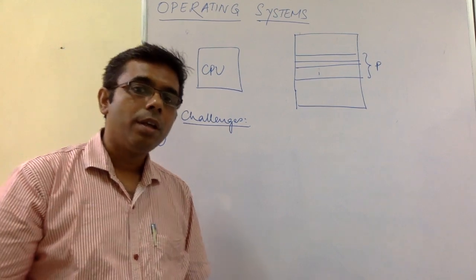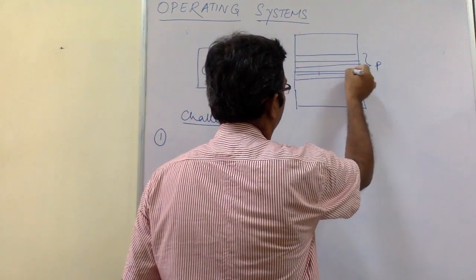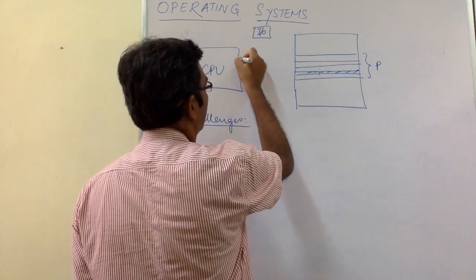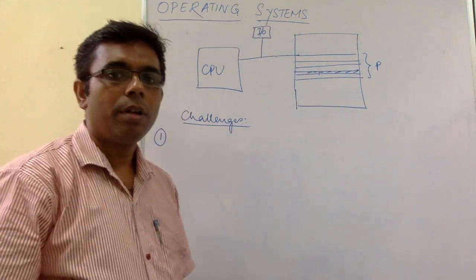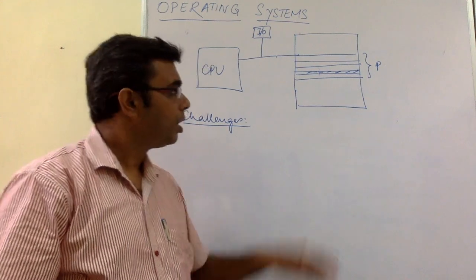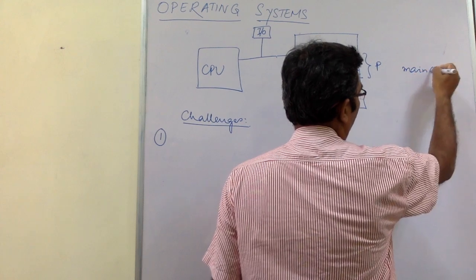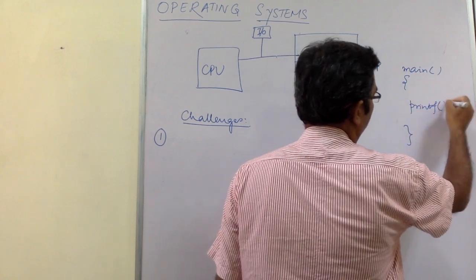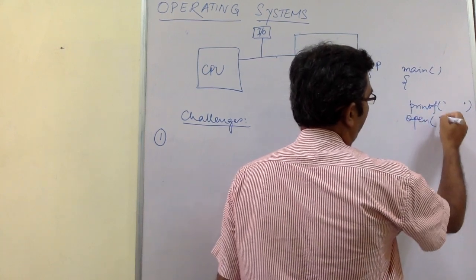But the moment your program requires access to some other hardware, there can be several I/O devices connected. So this program also needs some kind of I/O access. Suppose there is a program that wants to print something, or let's say it wants to access some file.